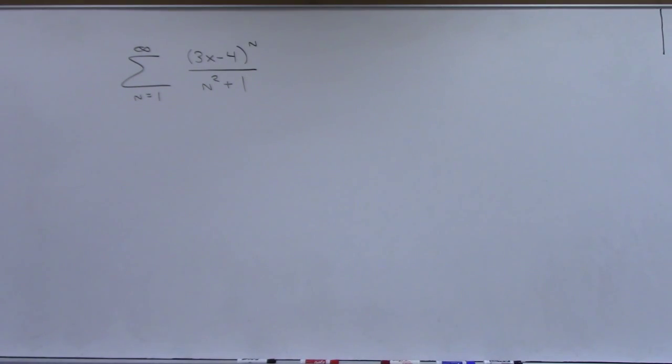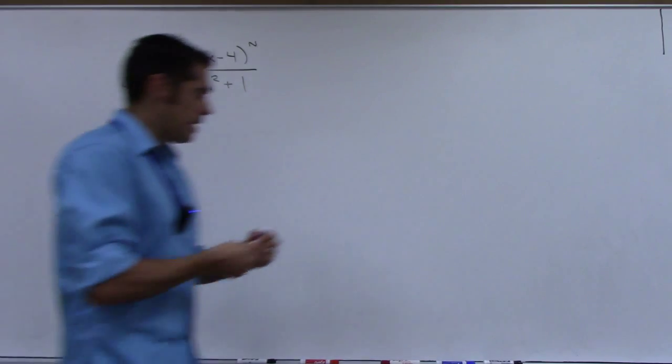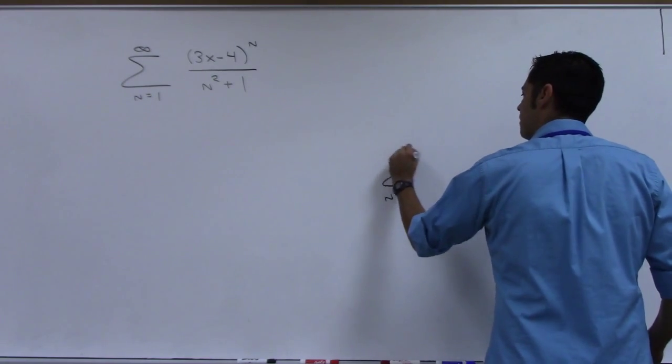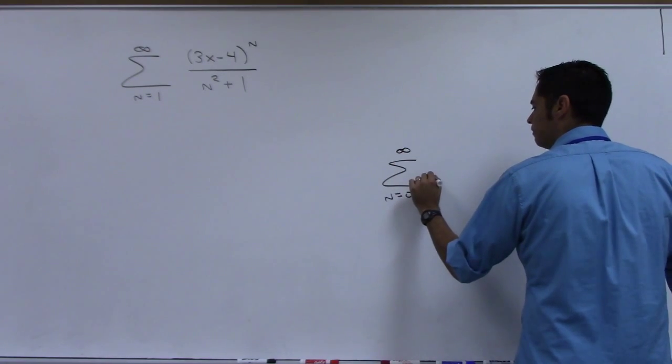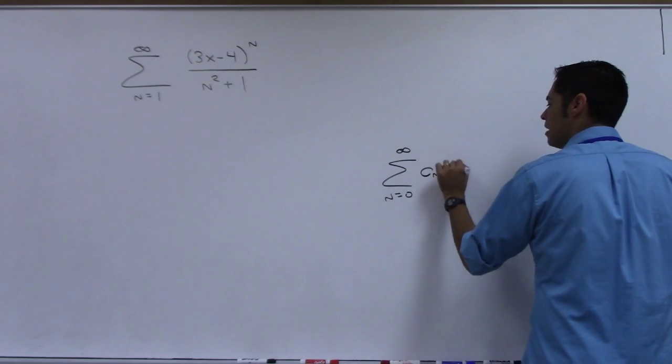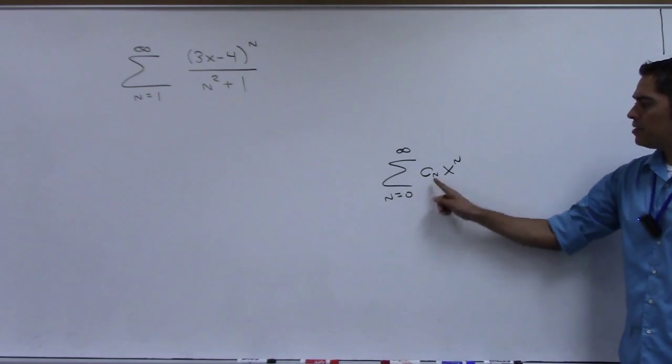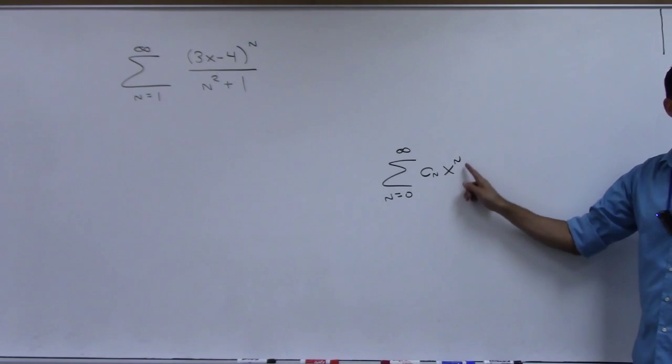No. Does n have to start at 0 for it to be a power series? That's a great question. When you write out a general power series, the sum from n equals 0 to infinity of c sub n x to the n, your first term, when you plug in n as 0, this is always a 1.